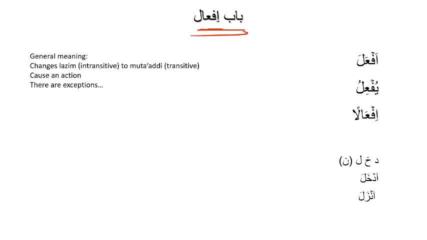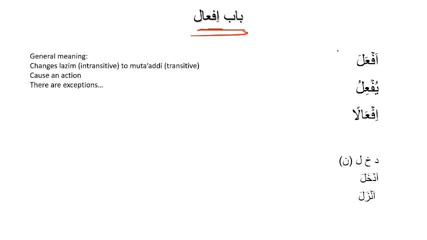So when we look at a verb, the first thing we'll say is, is this Salasi Mujarrad or is it Mazid Fi? And then if it is Mazid Fi, then which bab is it? Because that will give us some sense for the rough meaning of that bab. And then for a lot of the verbs that are formed from that bab, to come up with those words, you need to know which bab it is.